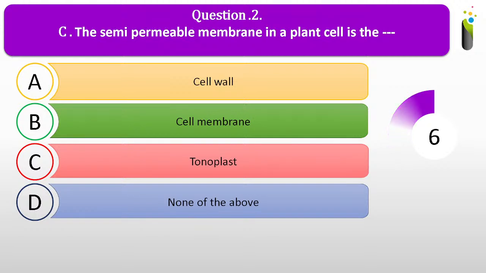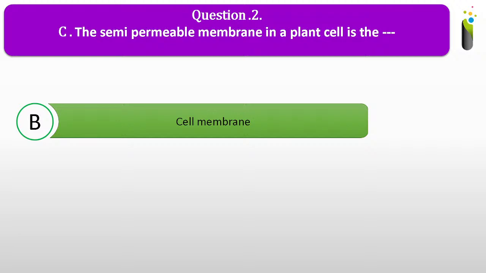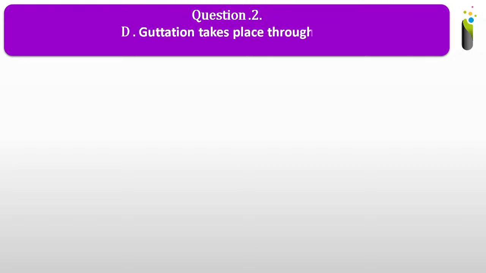And the correct answer for this question will be B. Cell membrane. So the semi-permeable membrane in a plant cell is the cell membrane.